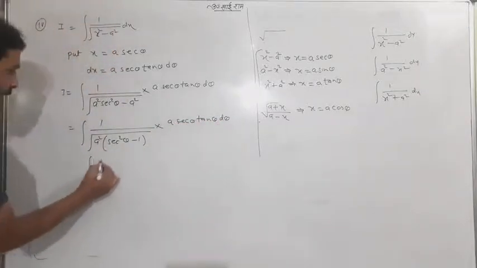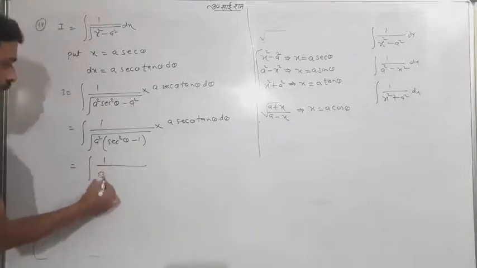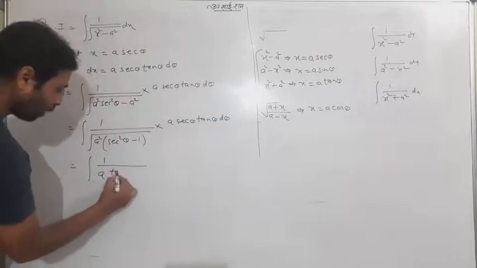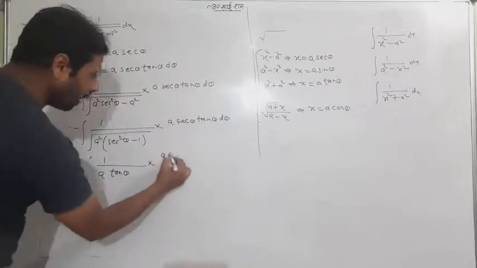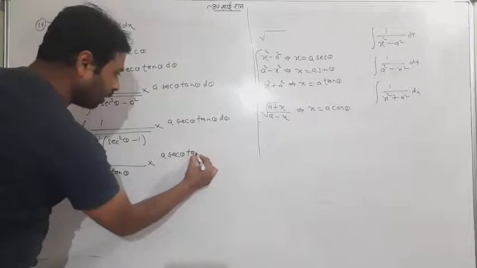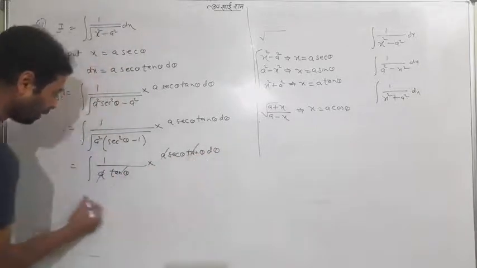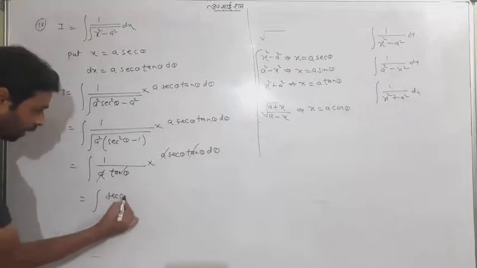A square will come out, as sec square theta minus 1 is equal to tan square theta, it will be written only tan theta, and a sec theta tan theta d theta. A and a cancel, tan and tan cancel, we are having only sec theta.